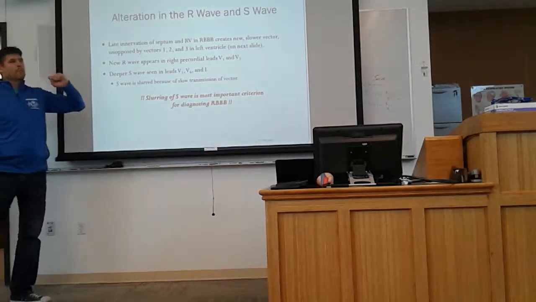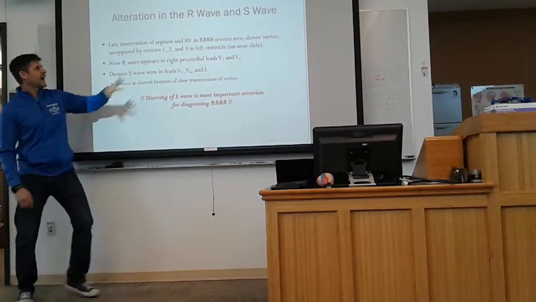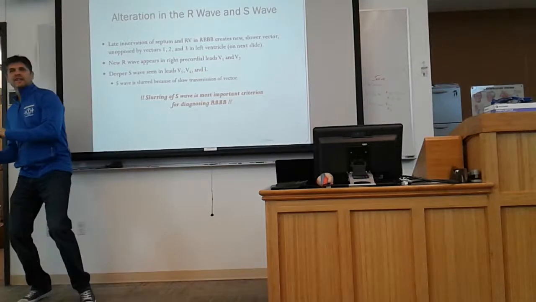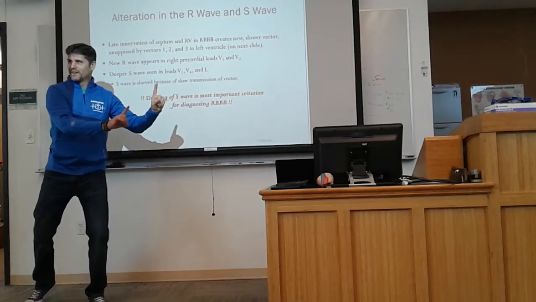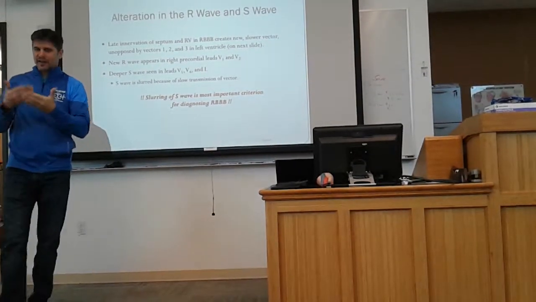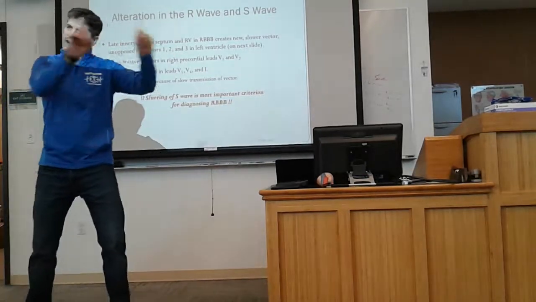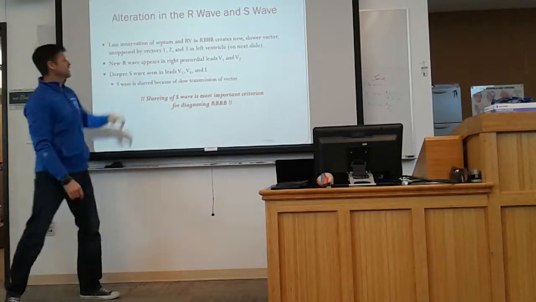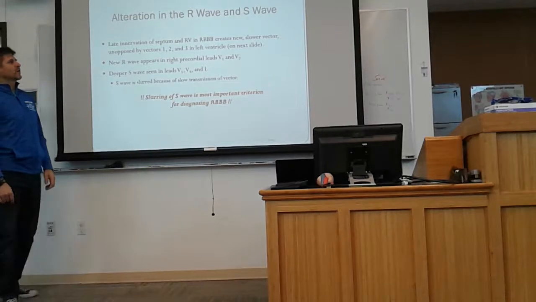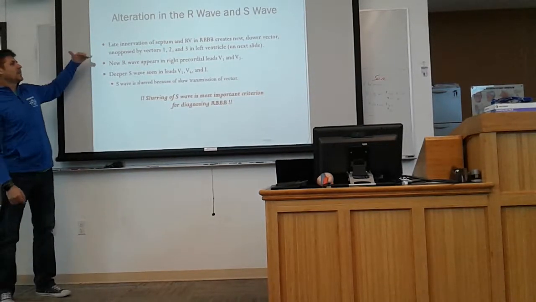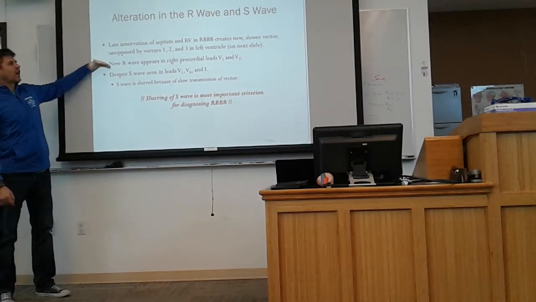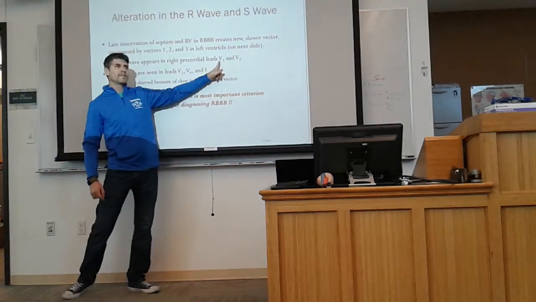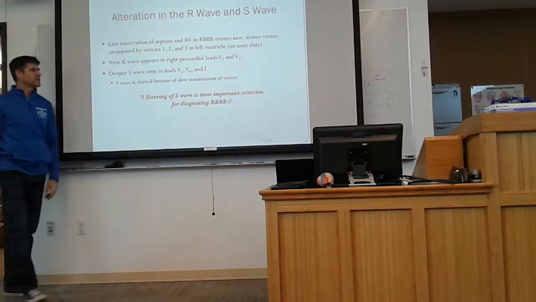Because the right side is depolarizing later, because there's a block in the right bundle branch, we end up with a different R wave that shows up in V1 specifically and sometimes V2.